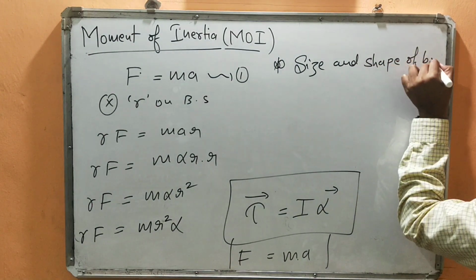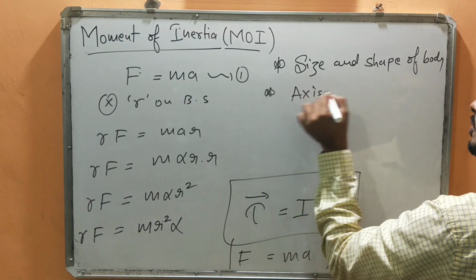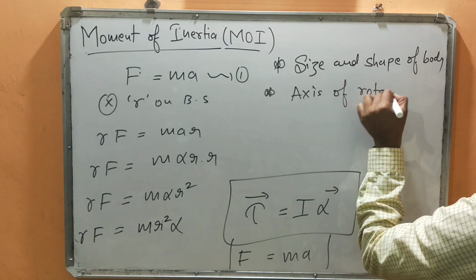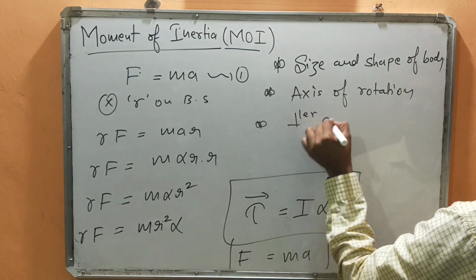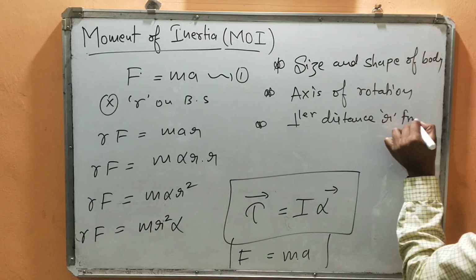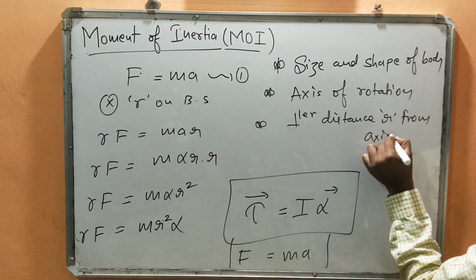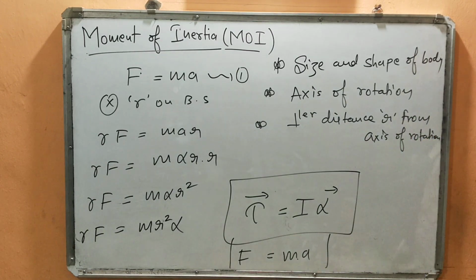Second, it depends upon the axis of rotation. And third, it depends upon the perpendicular distance r from the axis of rotation. Have you understood? Got it?